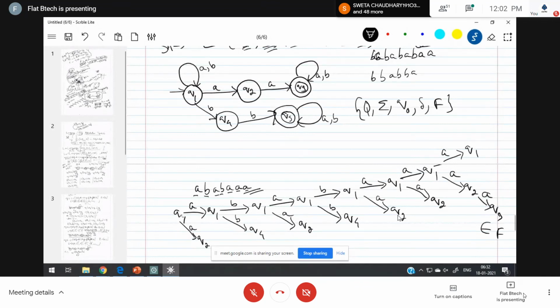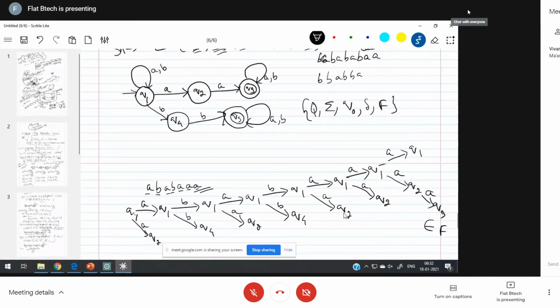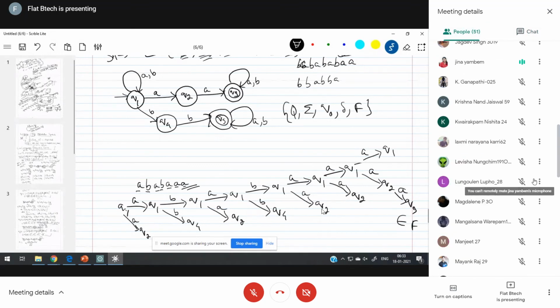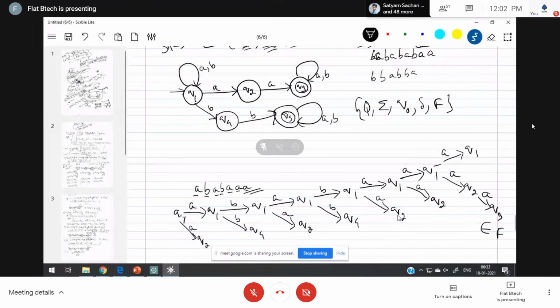Tomorrow I'll be having class at 11 a.m., and tomorrow I'll be taking up another topic. Before that, my request is please try to practice many DFA examples and NFA examples in the textbook. In your textbook, all the examples are provided in a scattered way. Select those examples which are related to NFA and DFA, and please practice by yourself. So tomorrow I'll be taking a new topic. Before that, practice well. Okay, thank you.